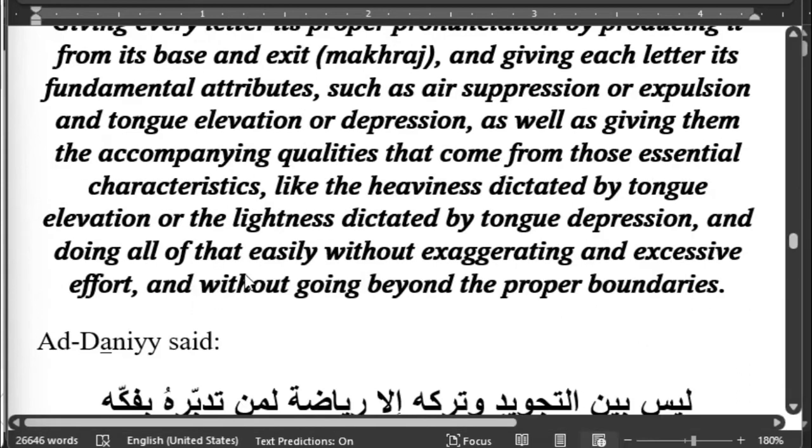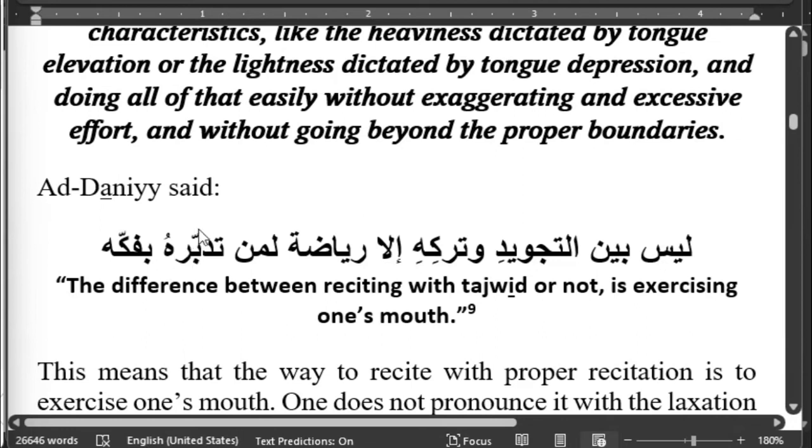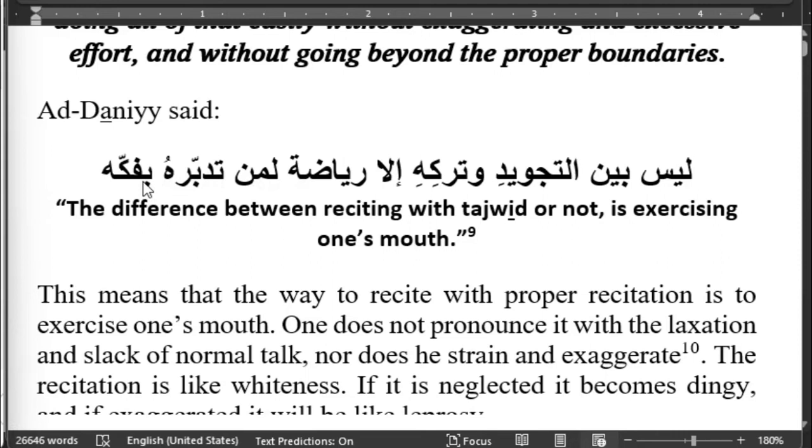and doing all of that easily without exaggerating and without excessive effort and without going beyond the proper boundaries. So when one recites, he doesn't strain while reciting, just recites. Like Adani said, there is nothing between reciting with tajweed and leaving it except exercise for the one who contemplates it with his mouth.